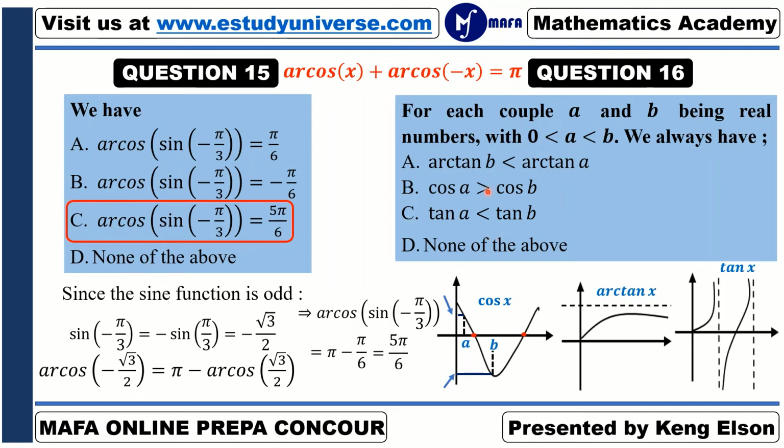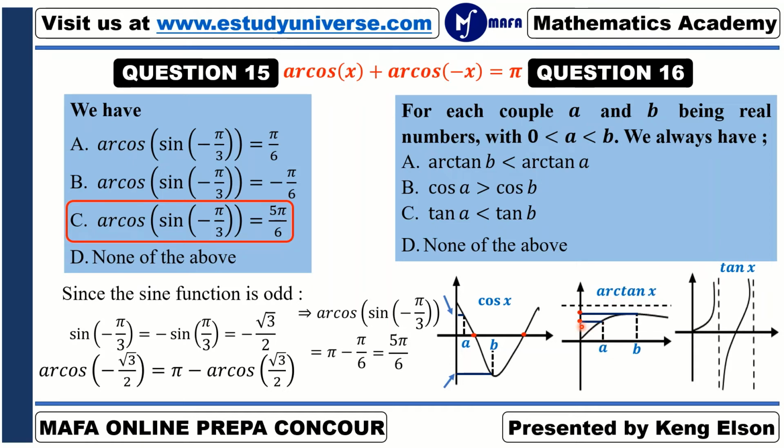Let's now go to arctan, option A. This is the tan inverse function in a positive interval. It is increasing in that interval. So if I take A to be this and B to be this, and look at arctan A and arctan B, we get those two red dots.